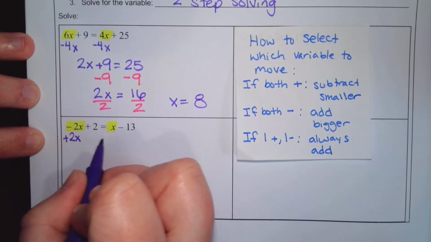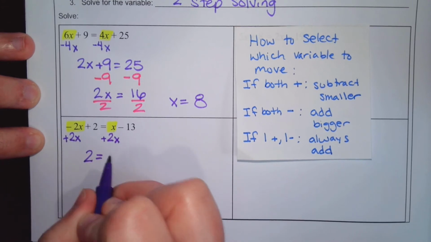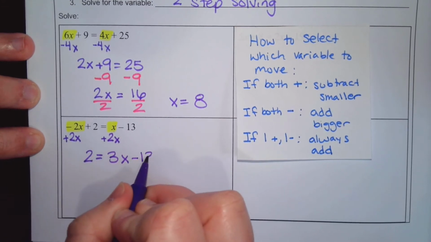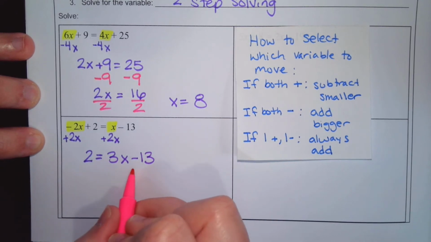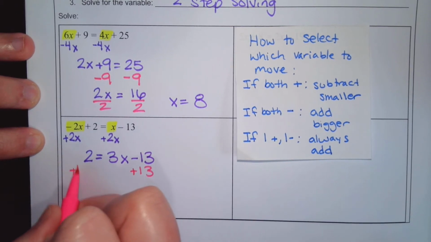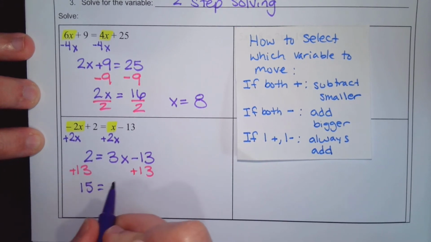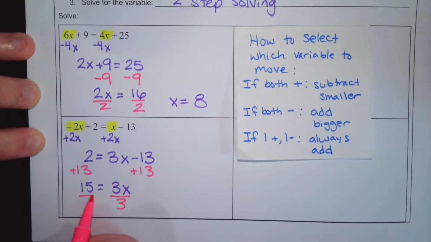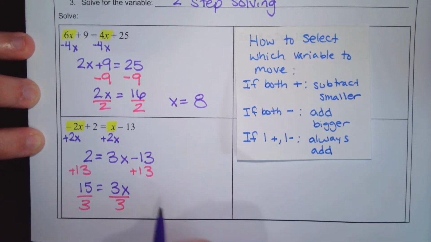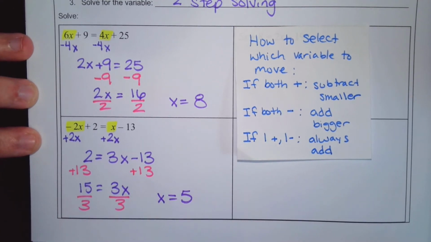So add 2x to both sides, and we get 2 is equal to 3x minus 13. So now we solve. Add 13 to both sides. 15 is equal to 3x. Divide by 3. X is equal to 5.